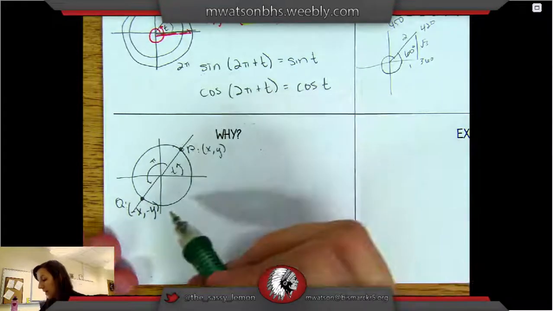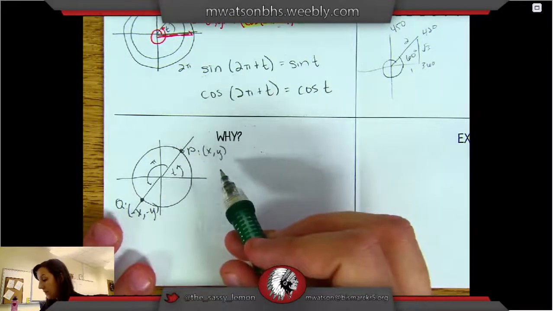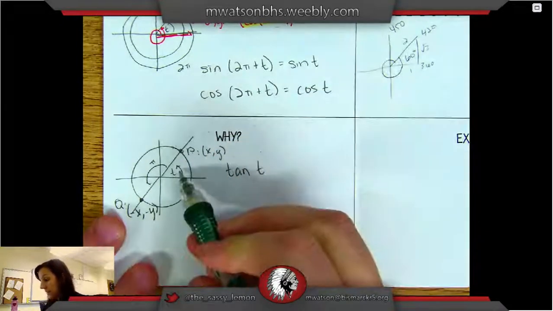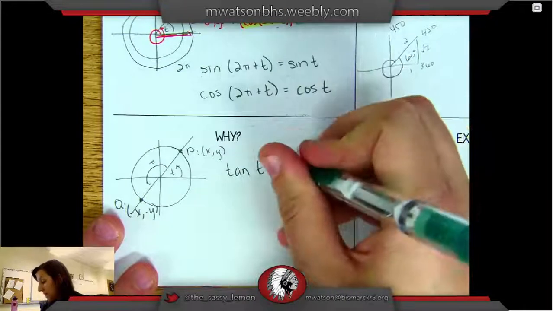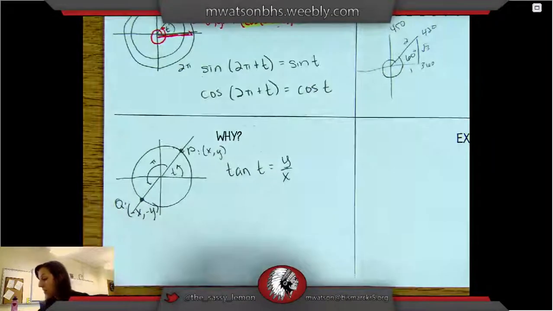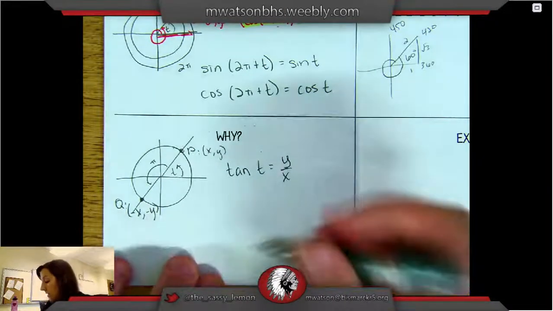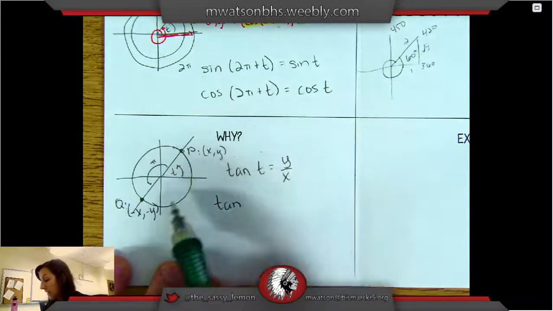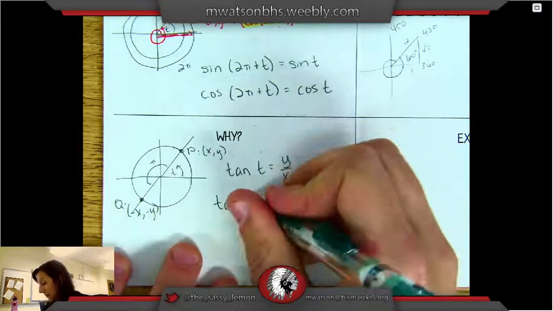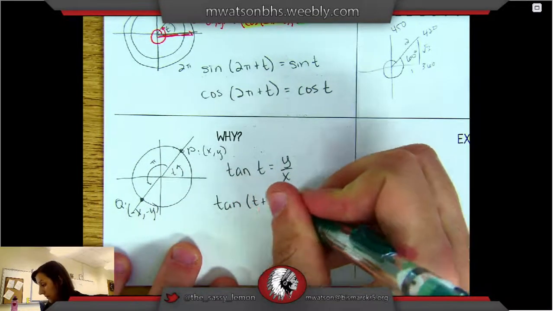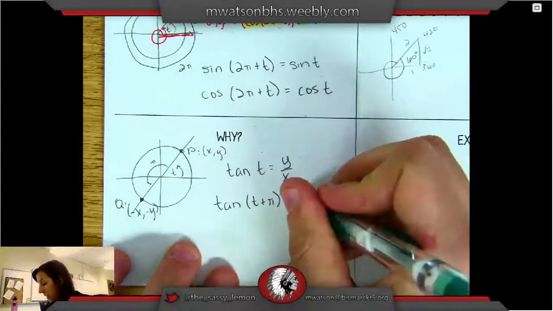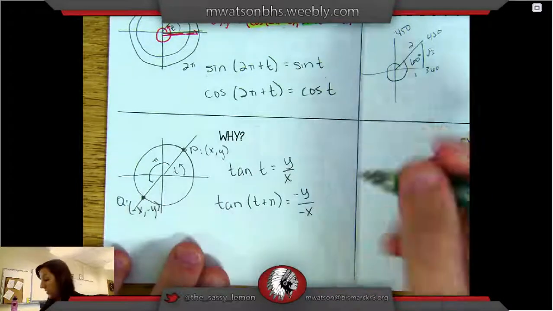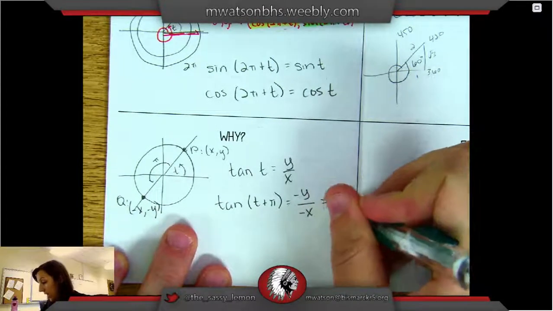Well, if we find tangent of t, our angle up here, that's equal to y over x. If we find tangent of our larger angle, tangent of t plus pi, then that's equal to negative y over negative x, which is the same as y over x.